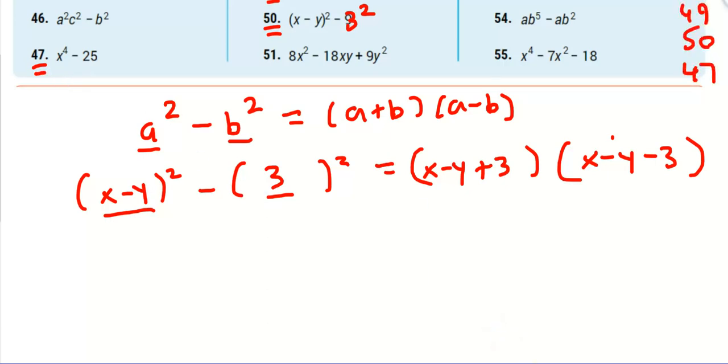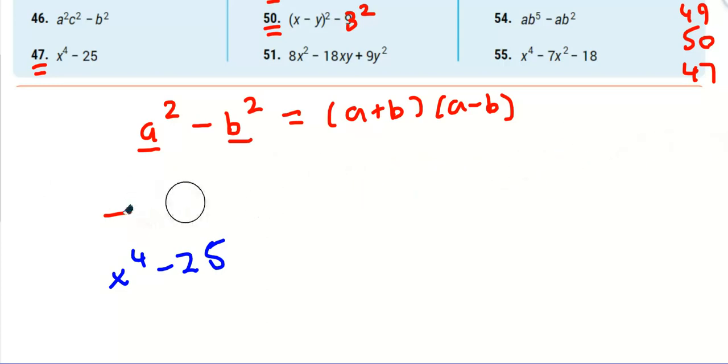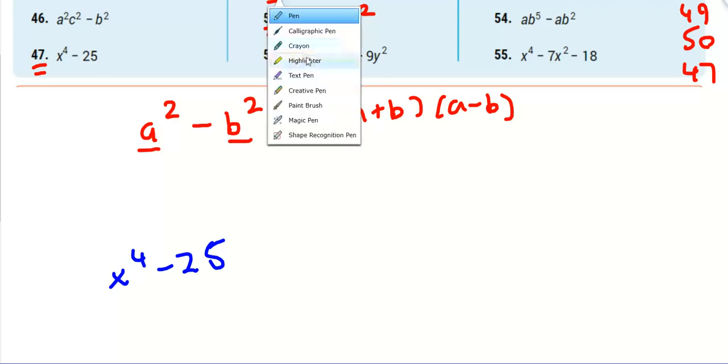Now, so guys, remind me to talk about that in a second, okay? So guys, I was asking you to factorize x4 minus 25, okay? Now, the first thing, you're probably wondering, how do I even know that this is a difference of two squares? Like, how do I even know that? Okay, I'll explain why. There's two parts.